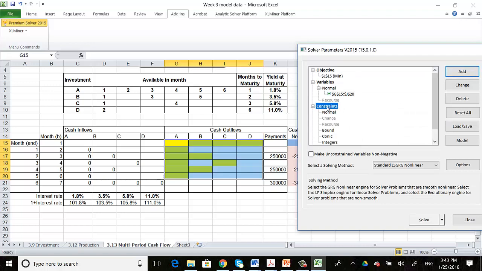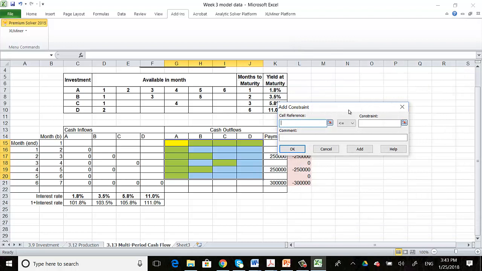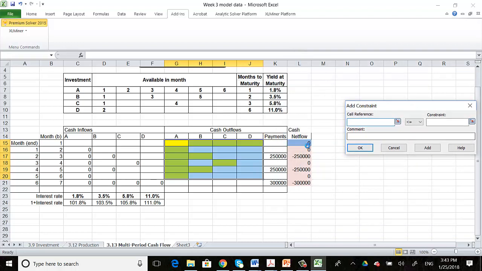And then constraints. The only constraint we had is we want all of our net cash flows to be greater than or equal to 0. Okay, we can put a 0 here. That's the only place where you can put a numerical value in the constraint, if it's a greater than or equal to 0 constraint.